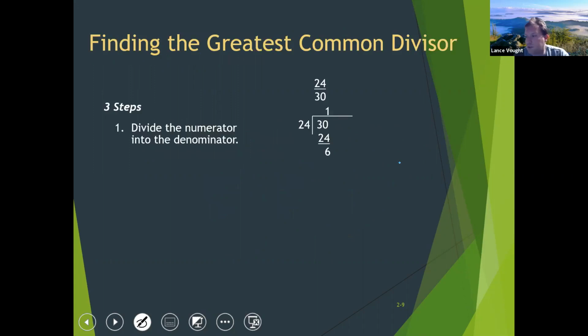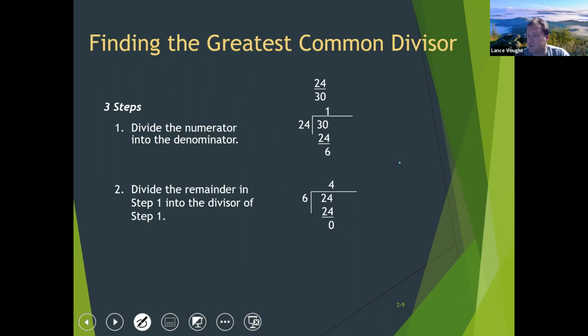This one shows you another way of solving this problem. You could have just divided 24 into 30 and realized you get a whole number, but then you have a remainder. That remainder is 6, so you get one remainder 6.